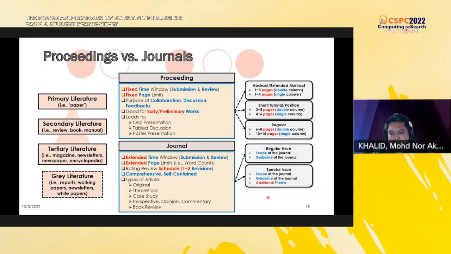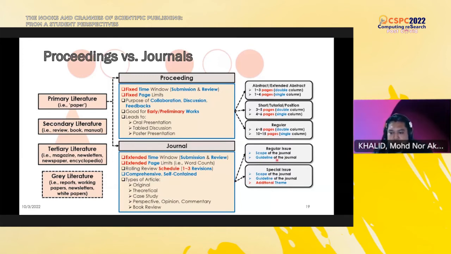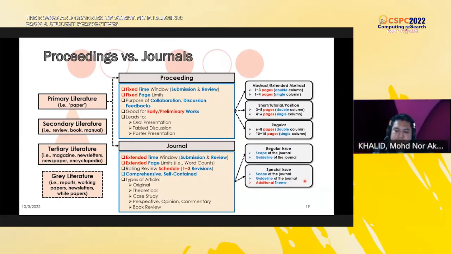The interesting part is that you can have regular or special issues. Now we have journals that support regular and special issues. Regular journal is still the same as the normal journal, but the special issue has an additional theme, and sometimes they are faster to be published compared to the regular journal. So it's very good to target a special issue if you are able to.